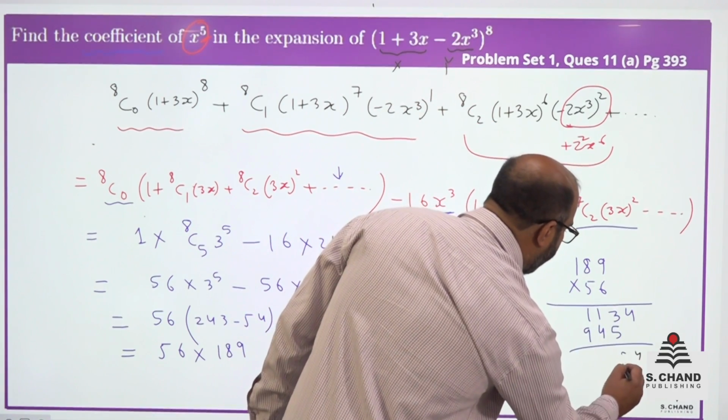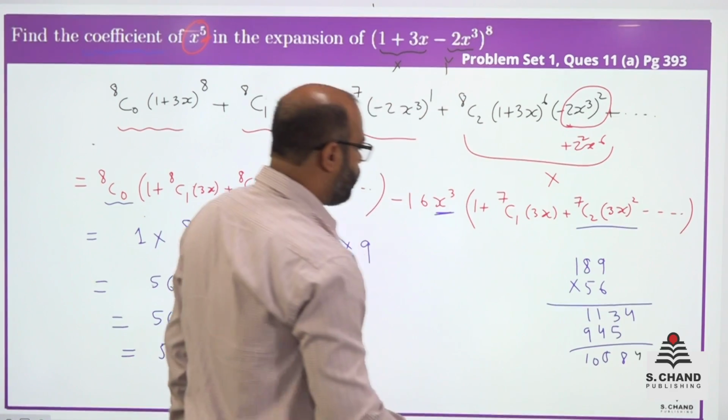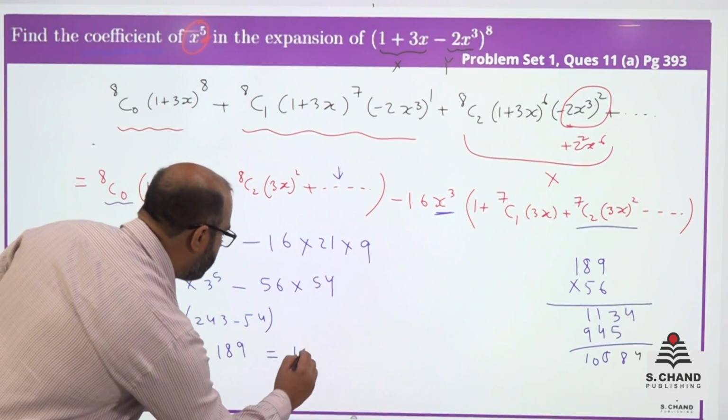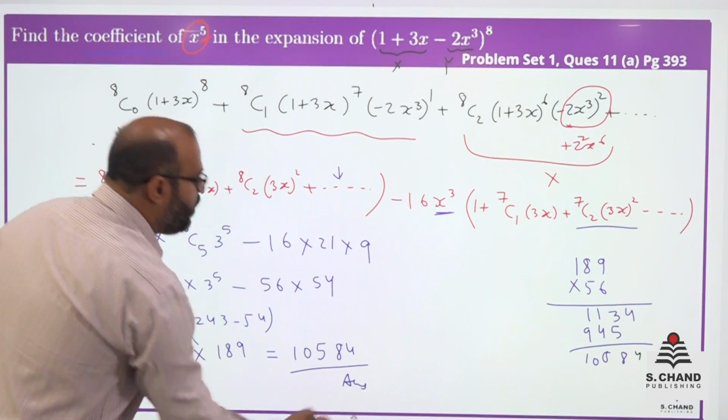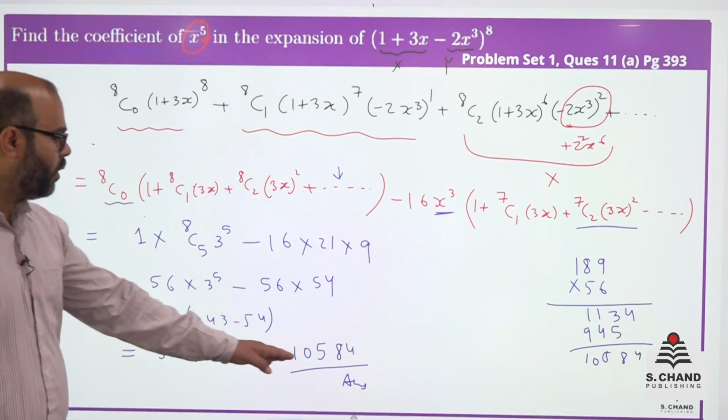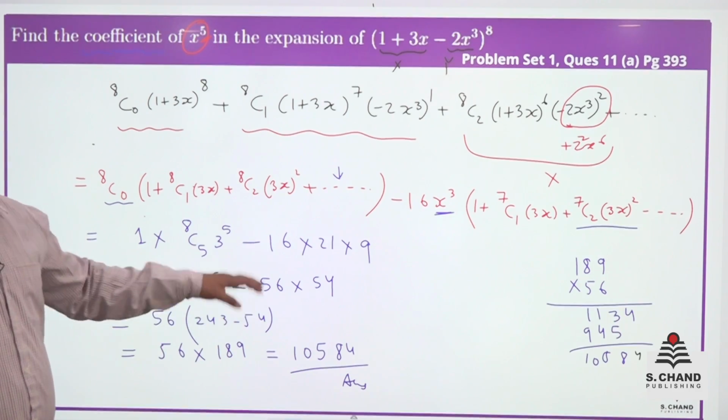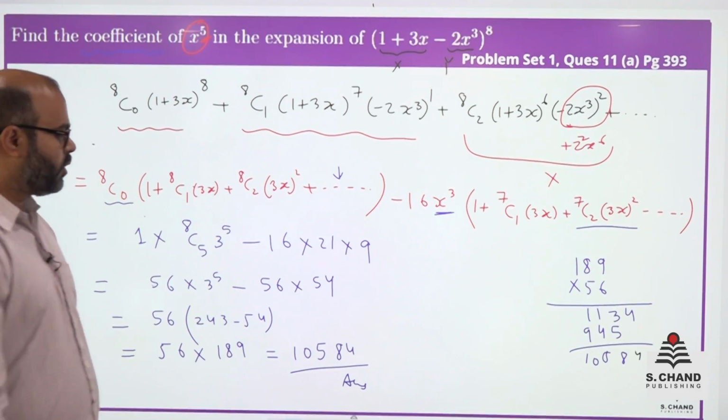So 4, 8, 5, 1, 0. So this is coming out to be 10584. This will be your answer. If the options are given, you need not calculate till the end. It will be in some form of multiplication of composite numbers.